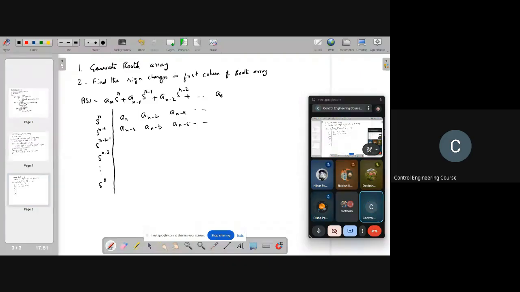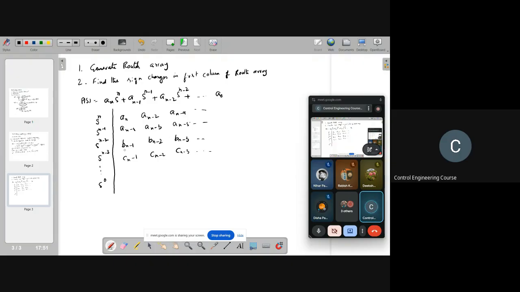Then you fill up the remaining elements: b n minus 1, b n minus 2, b n minus 3, and c n minus 1, c n minus 2, c n minus 3, etc.